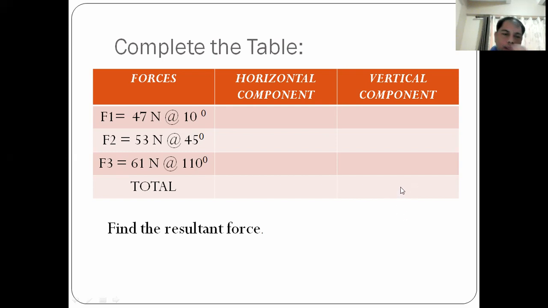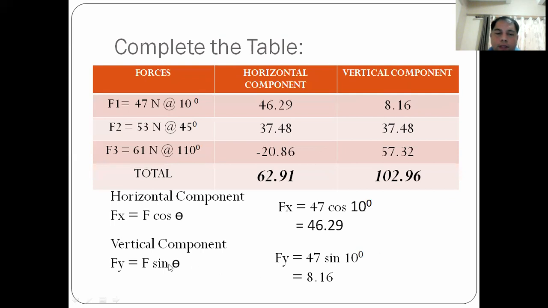To be able to find the components of the vector, these are the things that we need. We need the equation of the horizontal component equals F cosine theta. So this is our equation. And for the vertical component, it is F sine theta. Now, how do we apply it, for example, for force number 1?